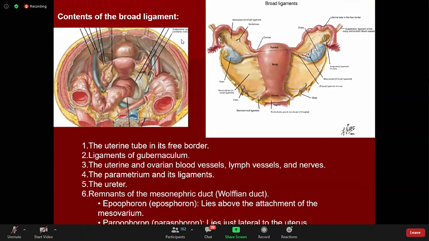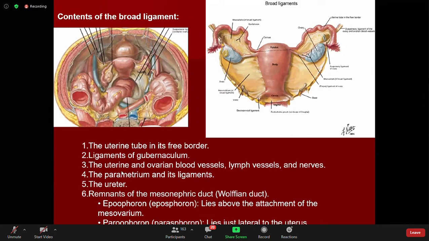So what are the contents of the broad ligament? The uterine tube, except the last part, the fallopian tubes. Ligaments of the gubernaculum: we have the ovarian ligament, and anteriorly they go through the inguinal canal to be attached to the labium majus, that is the round ligament of the uterus, or the ligamentum teres.